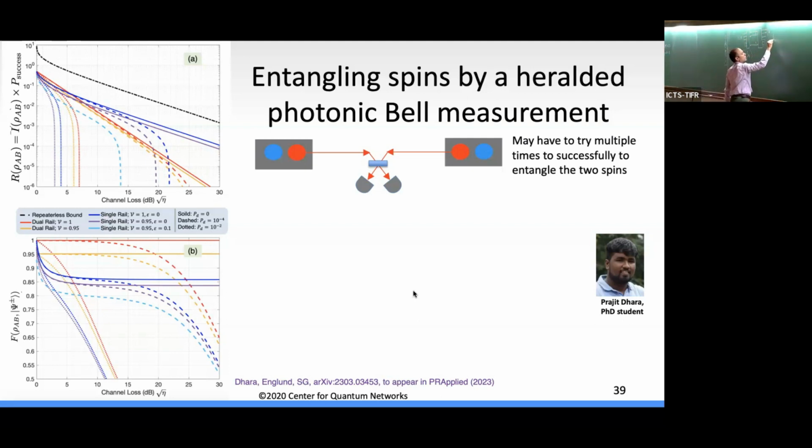So I'm going from n copies of rho AB to a perfect Bell state with k copies of that. K over n is called the distillable entanglement of rho AB, maximized over all possible local operations and classical communication.